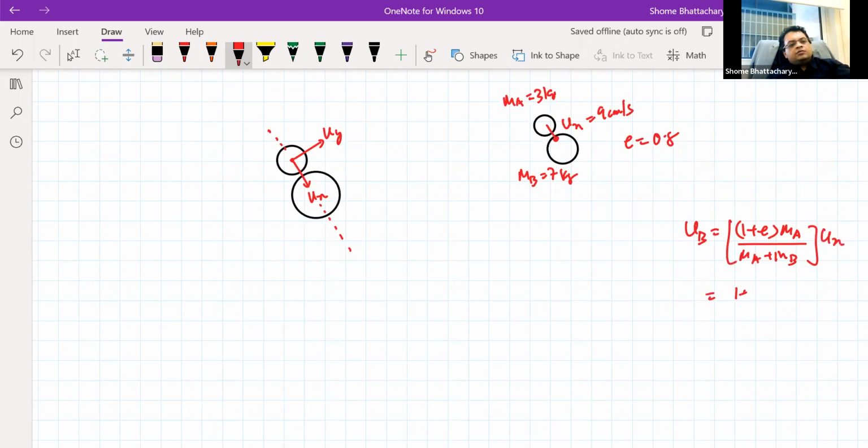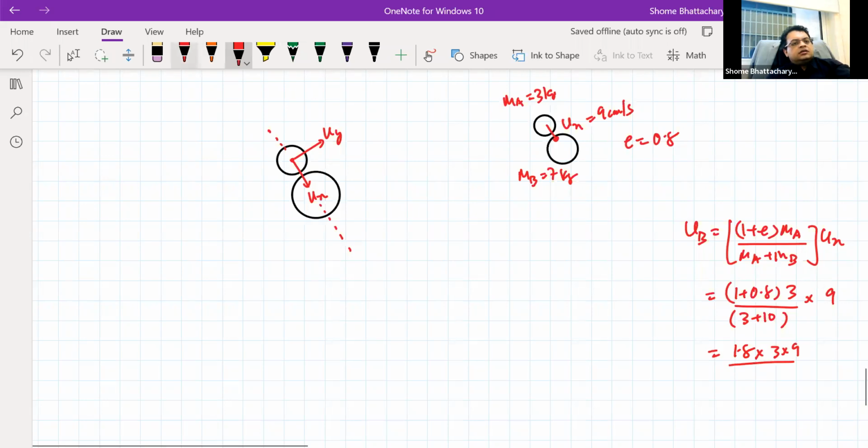So this would be 1 plus 0.8 into 3 divided by 3 plus 7, into this 9 centimeters per second. So 1.8 into 3 into 9 divided by 3 plus 7 in the denominator. This is still a bit of a calculation, but when you work this out, it will come out to be whatever we had got earlier, 4 point something.